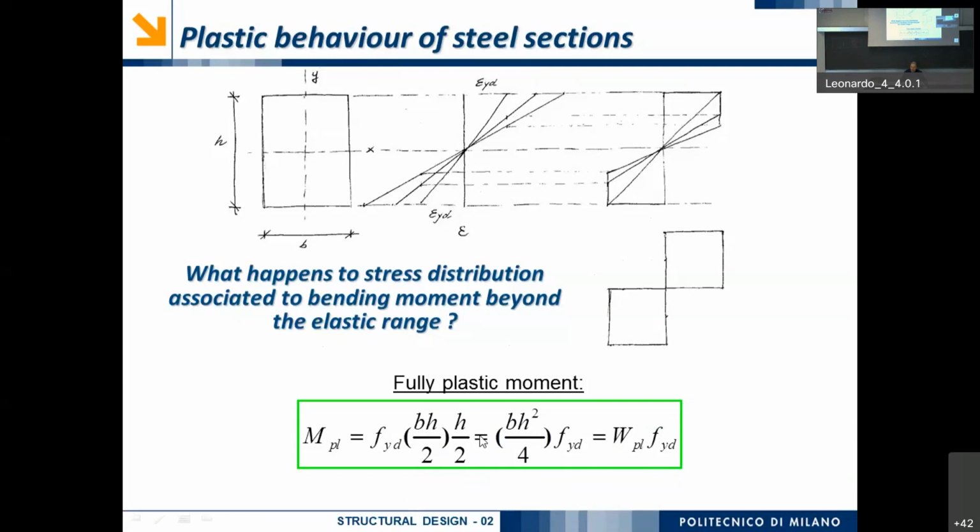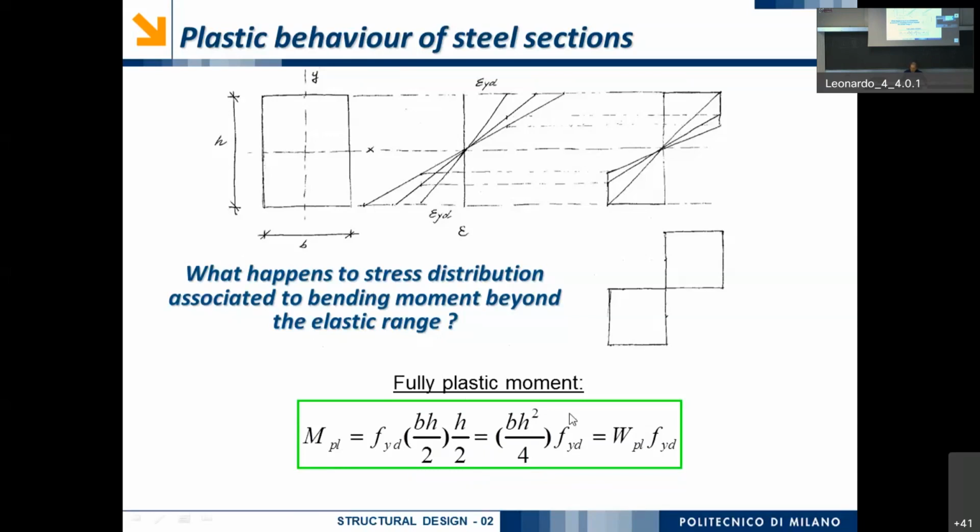So h over 2. And so the fully plastic moment is equal to b h squared over 4. Okay? Before, for the yielding bending moment, we had b h squared over 6. Now we have b h squared over 4, which is larger.